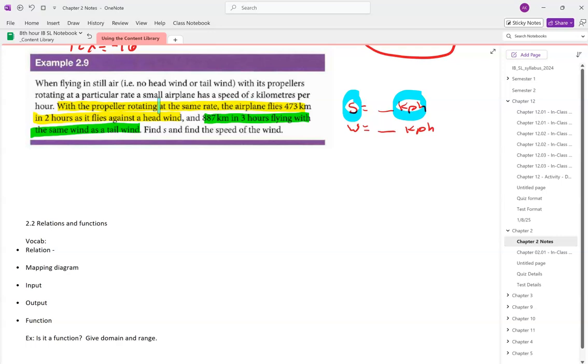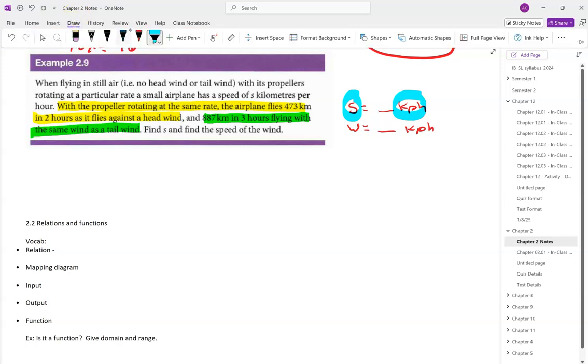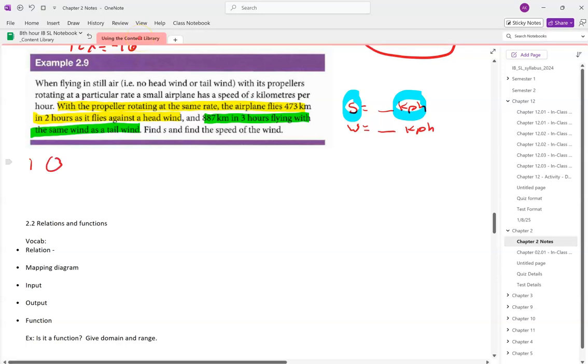So when the units cancel, you're left with only kilometers, because that is also given to me in my question, right? So for equation 1, I'm going to have 2s. Everybody's good with the 2? Because it said 2 hours. Okay. And then I know that this is going to somehow equal 473.